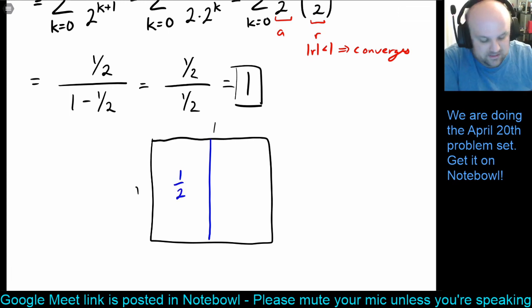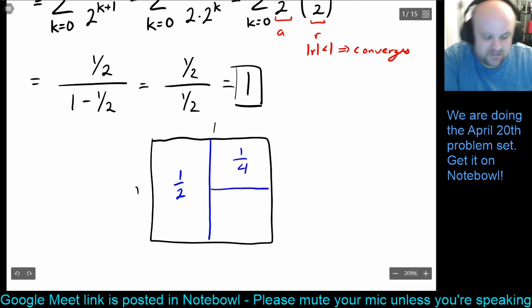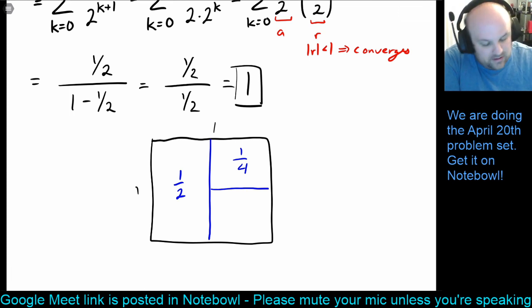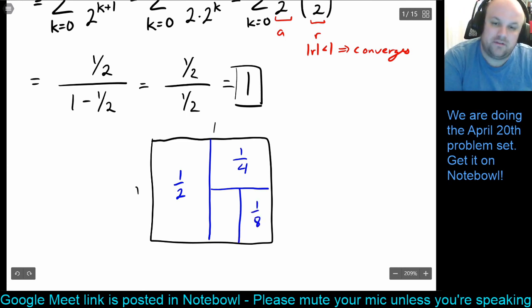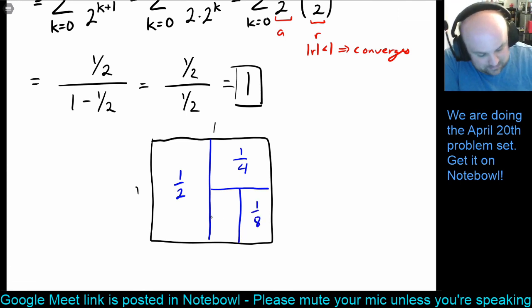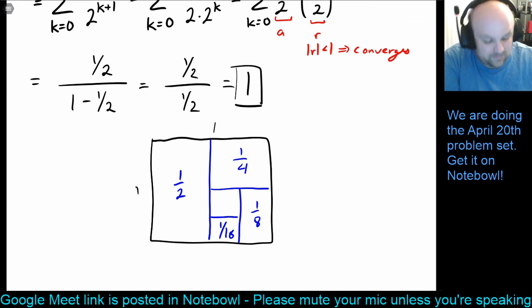So that's our first part. And then I'm going to take what's left over and cut this in half. Now that was 1/4 of the square. I'm going to take what's left here, and cut this in half. That's 1/8. I'm going to take that, and cut that in half. That's 1/16. I think you get the idea of what's going to keep going.